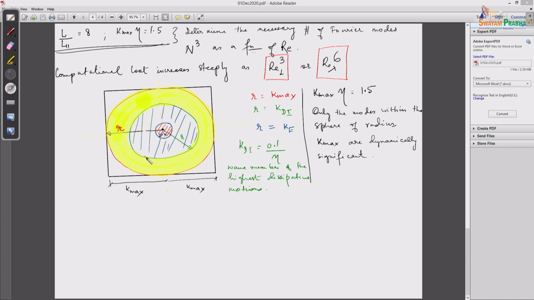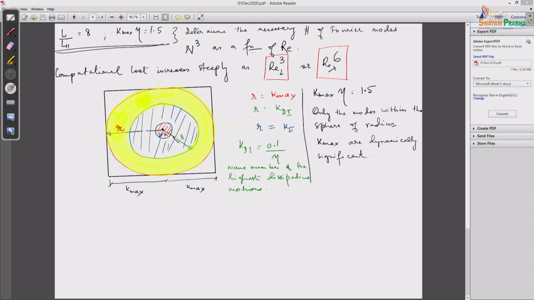So now having this picture, our job is cut out as to how we go and resolve all these motions. One of the ways of doing that is what I described right now, the low wave number forcing. You have these low wave numbers which are here, so you provide energy to them, which is unnatural, and they do not follow Navier-Stokes.